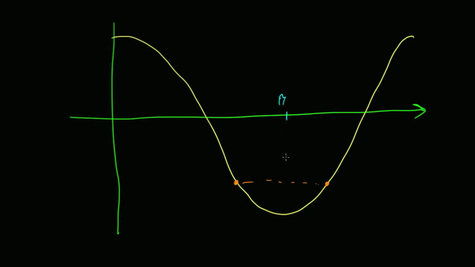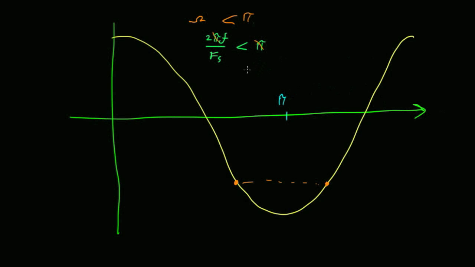So that means I want my discrete time frequency to be less than pi. Discrete time frequency is the same as 2 pi f over sampling frequency, is it not? Okay, so I want that to be less than pi.